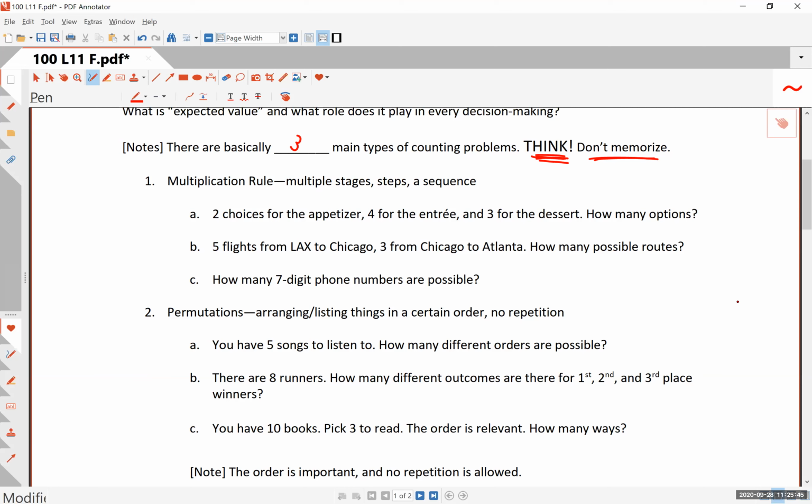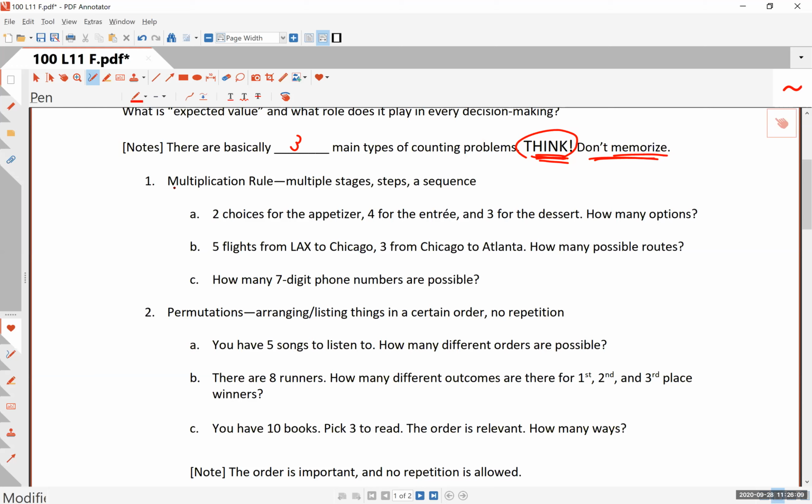But even with that, the formulas could be very confusing. Theoretically, formulas are great if you're doing mathematical research, but in real life, to be able to think and come up with the numbers of ways something could happen, that's a lot more important. So I'm not going to emphasize the formulas, even though I may show you some. This is what I'd like you to really do in this class.